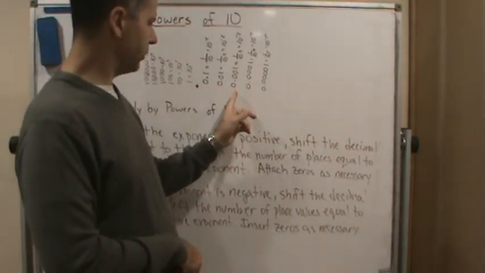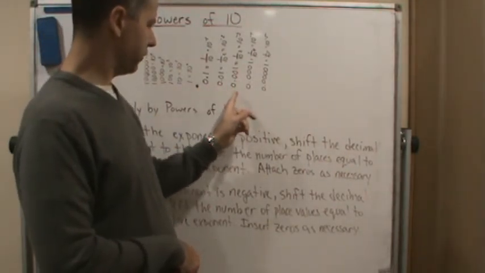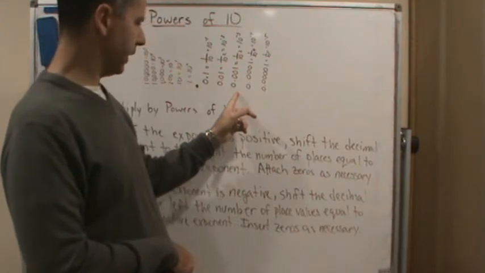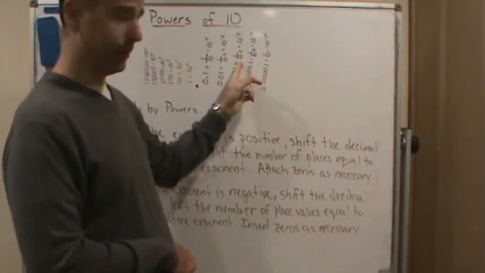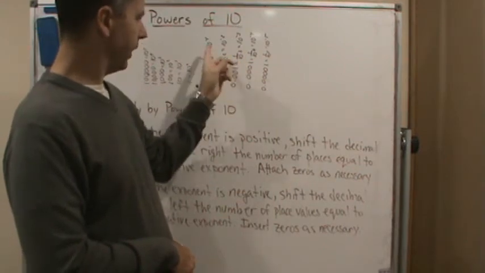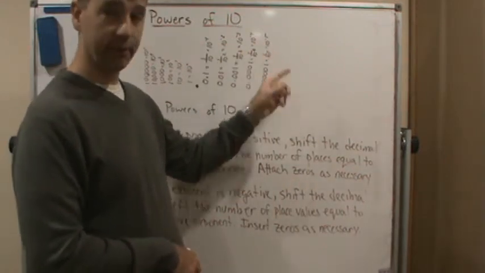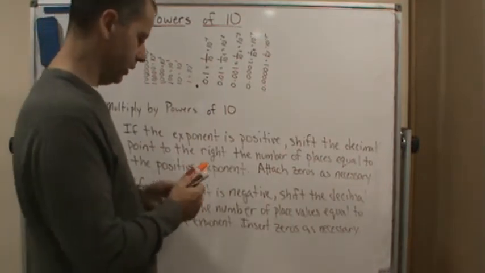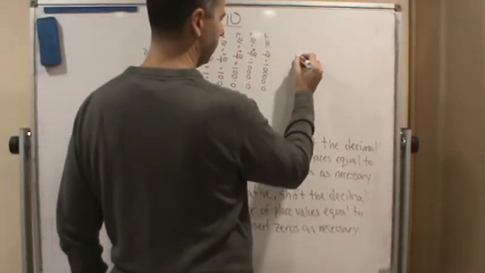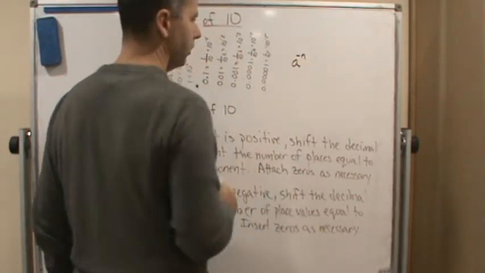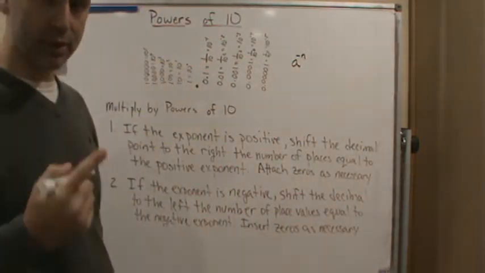Each time we go out to another place value, for example, the thousandths place, we increase by a power of 10 in the denominator. And then we could write those as negative powers of 10. In other words, if we take a number a to a negative exponent, we could write the reciprocal.